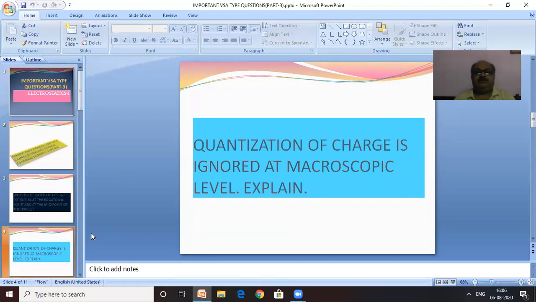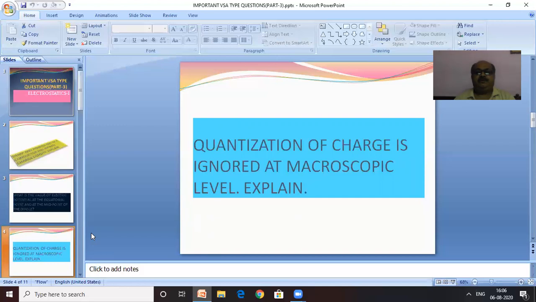And if a certain number of charges are transferred from one material to another material, whose magnitude of charge is negligible, is very less, and if this is subtracted from the charge which is present in the macroscopic object, net charge on macroscopic object will remain unaffected.